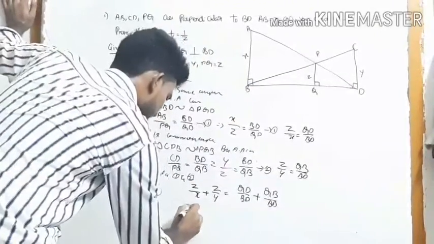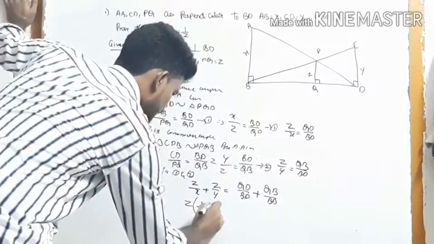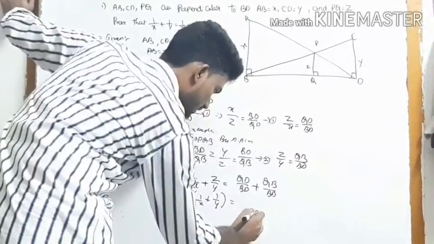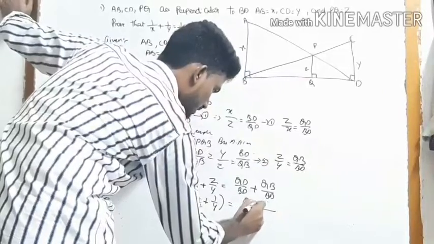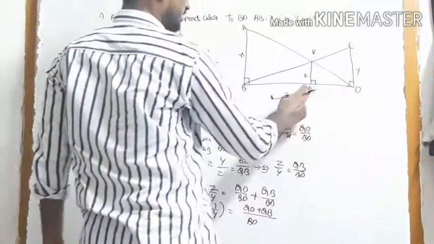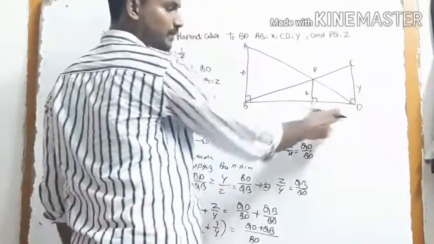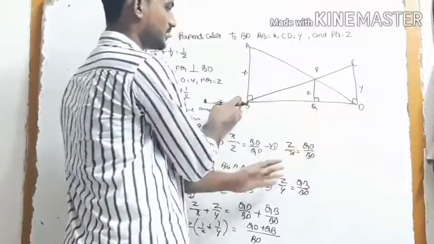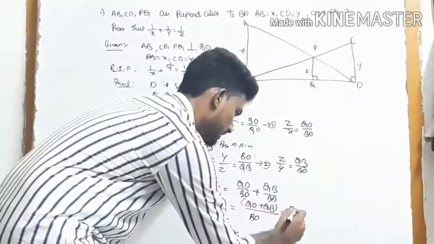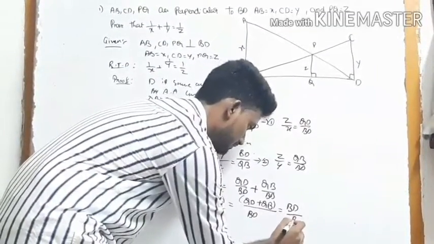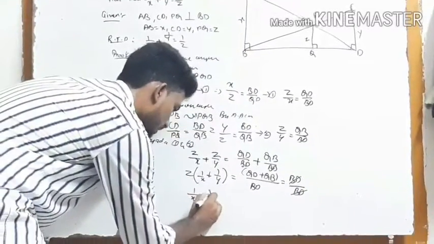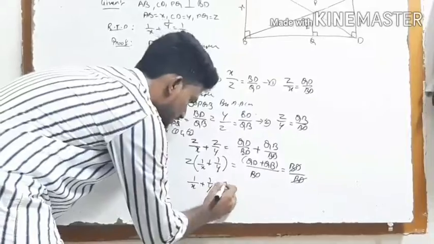From this, z is common: 1 by x plus 1 by y equals (QD plus QB) by BD. QD plus QB is BD, so BD by BD cancels. Then 1 by x plus 1 by y equals 1 by z, taking z to the other side.